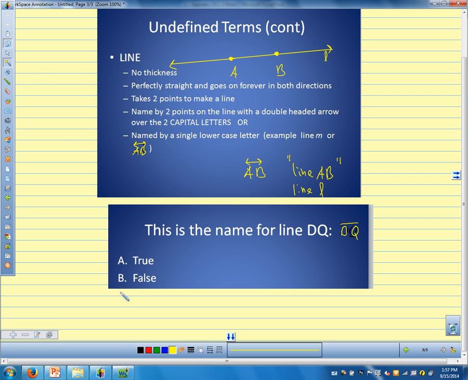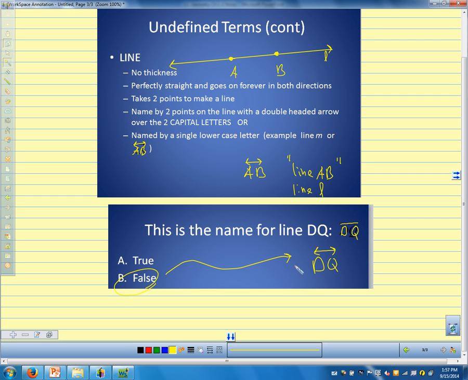The question is, this is the proper name for line DQ. True or false? Who thinks it's false? Most of us. Who thinks it's true? Who doesn't know? Not sure? Okay. So those of us that said it's false, what's wrong here? There are no arrows. We need the arrows to show that the line goes on forever in both directions. So this would be false. This is what we need. We need the arrows to show that it goes on in both directions.